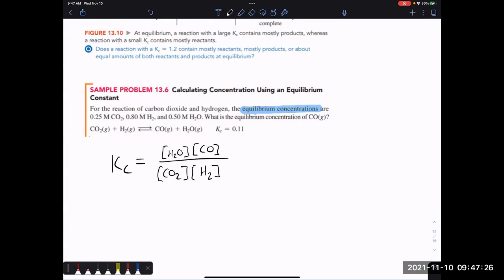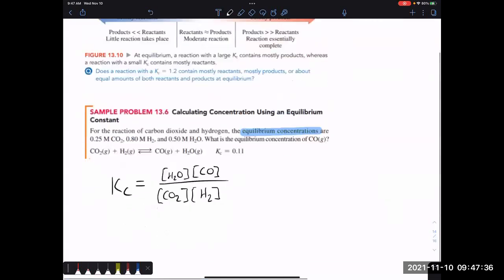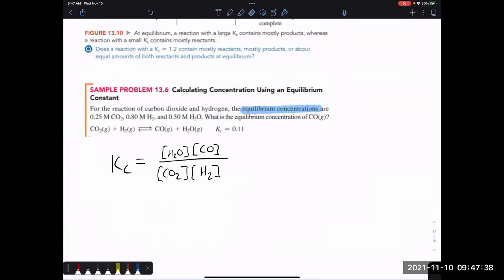And that's not too hard, because we can say that, actually maybe I should write this. So our Kc is going to be 0.11 equal to, and I'm just going to fill in all of the numbers that we have.